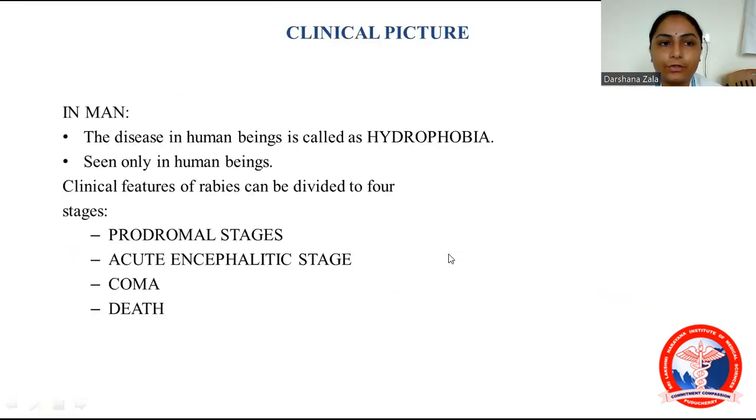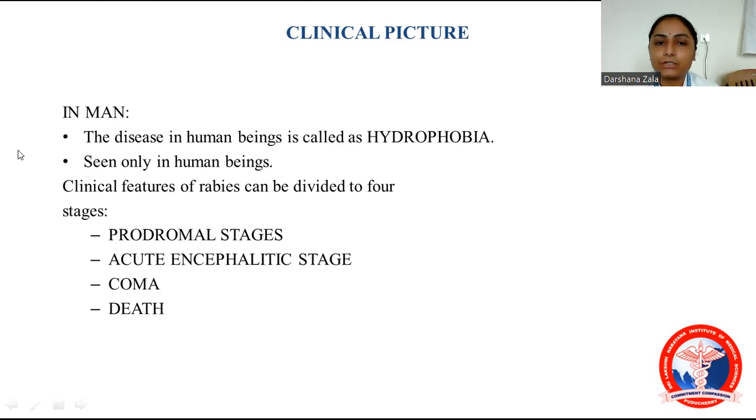Clinical picture of rabies. In men, it manifests as hydrophobia. As I mentioned earlier, it is a fear of water. Just by looking at water, the patient will have gagging, laryngeal spasm, and choking.